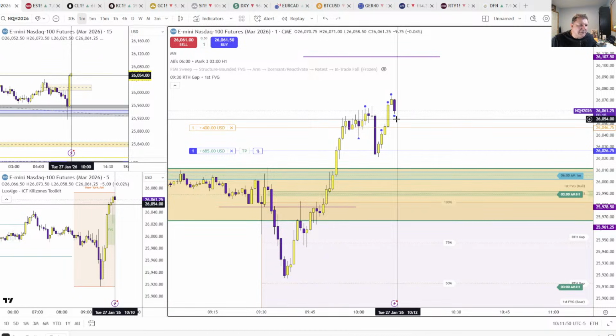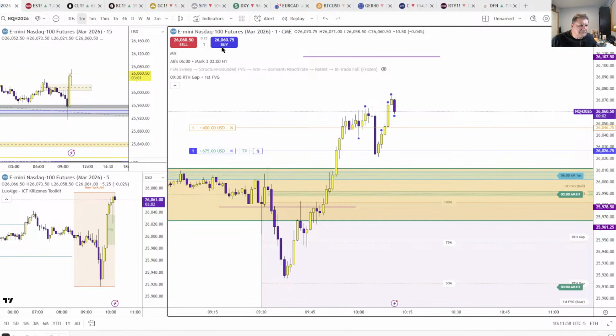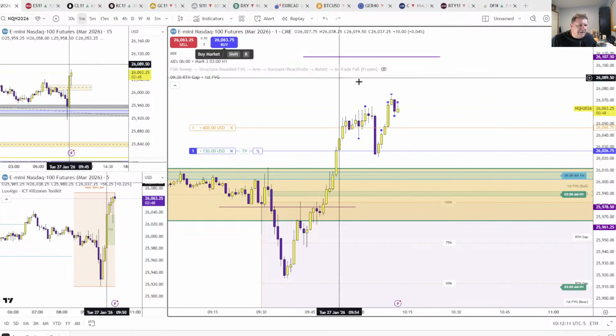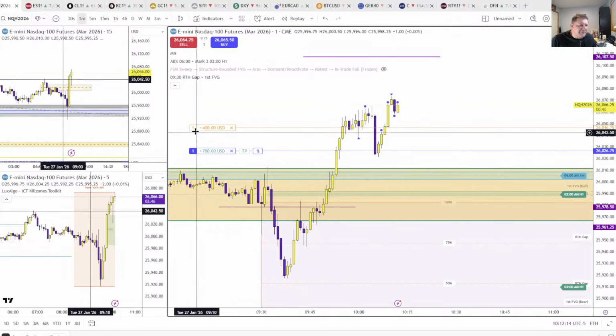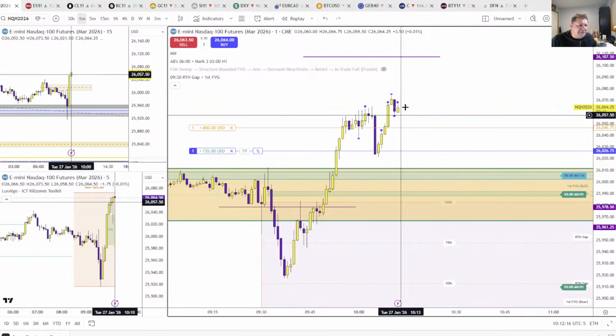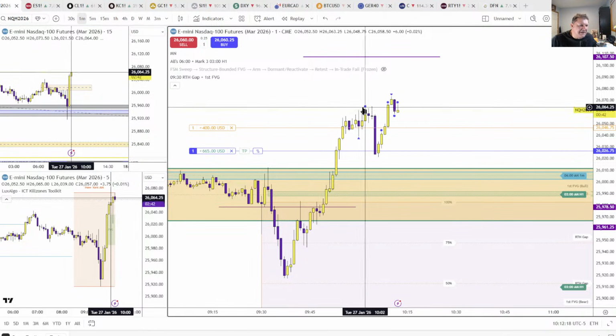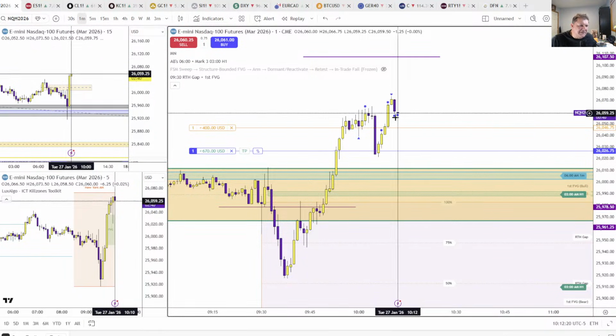And then I'll load another one on. Now, if it takes this high, I'll move my stop loss to here, because then I don't want to see it come back down there. It's done its thing in here. If it's really aggressive, it'll just leave from there.